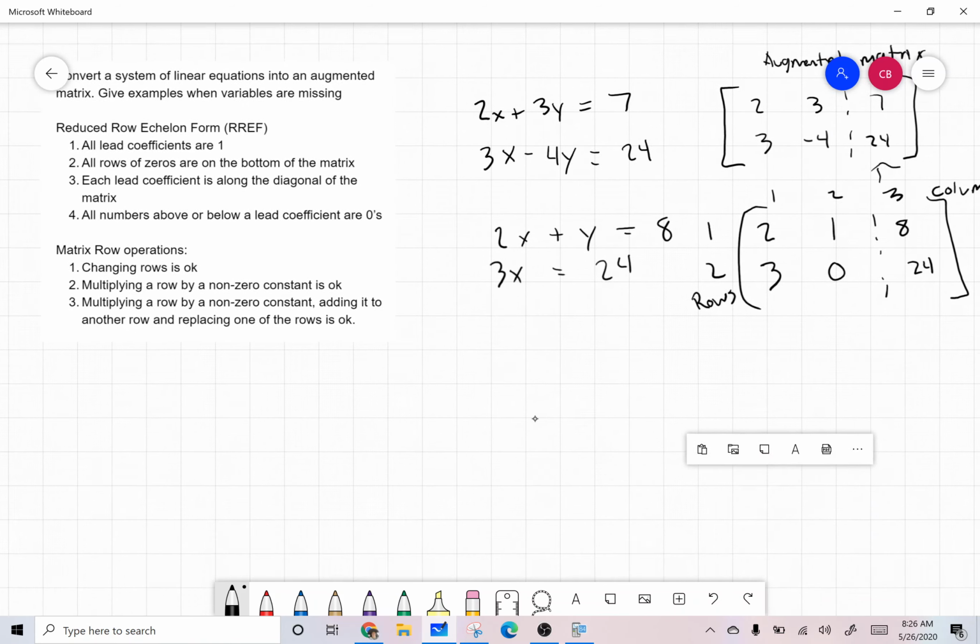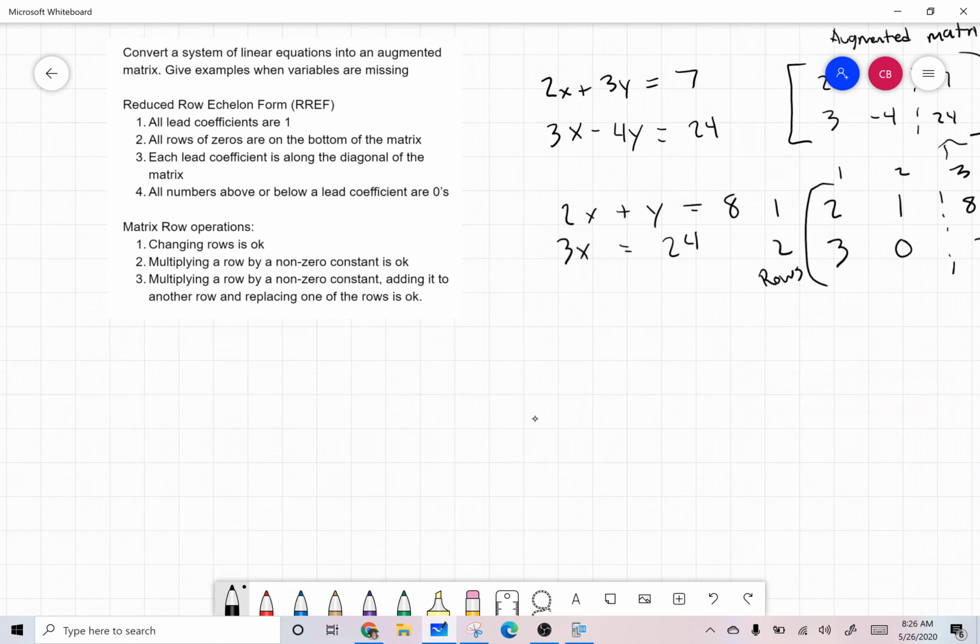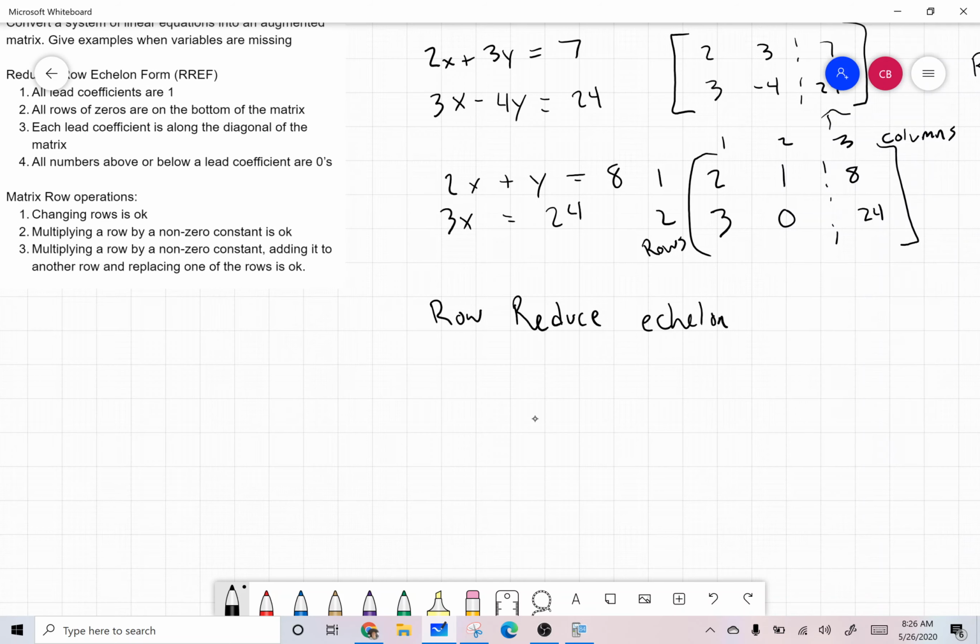So there's that. Now, we can do this thing called row-reduced echelon form. This was invented, I think, by Gauss and Jordan. Elimination. Okay, so to do this, you need the following matrix to appear.